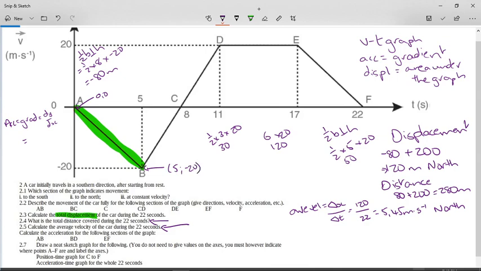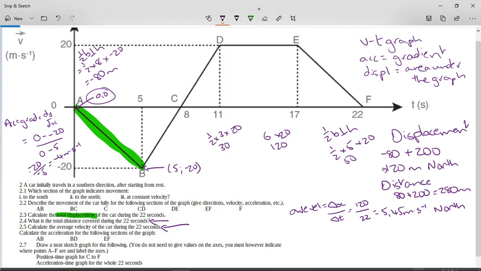Okay, so we're going to say dy over dx, and this one over here is the first point, I'm going to say 0 subtract negative 20 over 0 subtract 5. So I get 0 minus 20 is positive 20 divided by negative 5, and that is going to give me negative 4 meters per second squared.